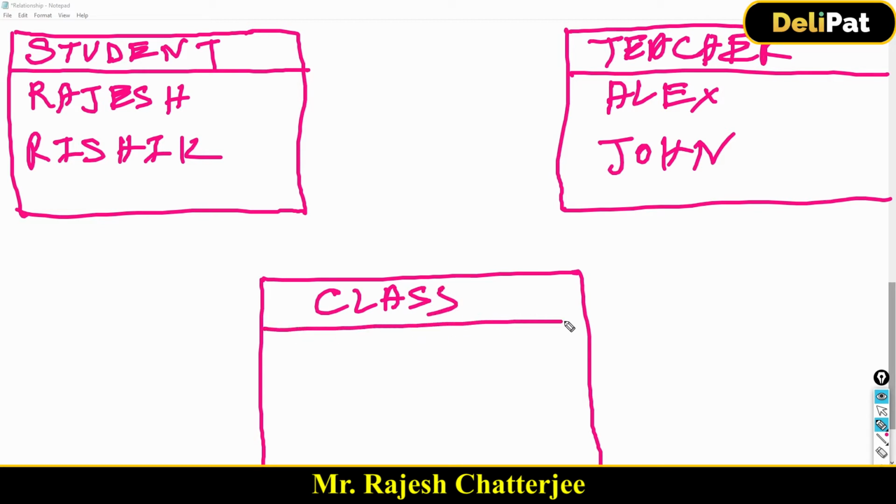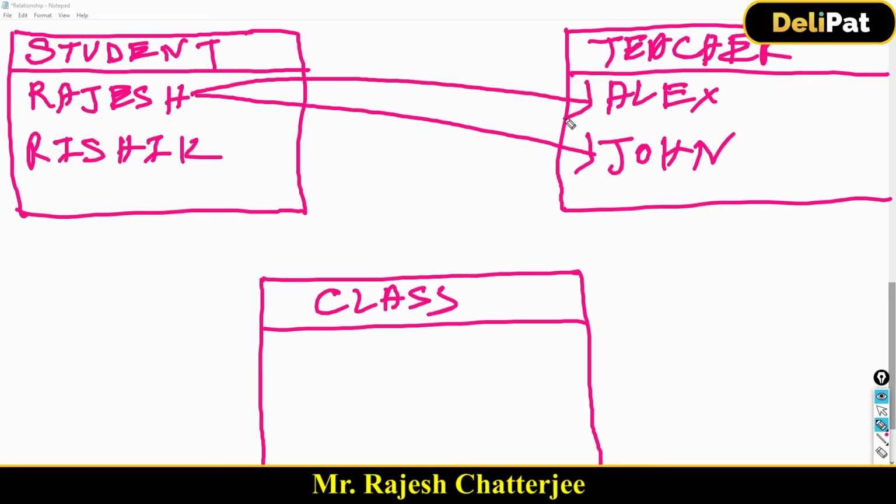Okay, the problem statement is this. See, Rajesh can take lessons from John. Possible. Rajesh can take lessons from Alex. This is also possible. Rajesh, who is the same student, can learn from John and from Alex. Maybe John is teaching Rajesh mathematics, and Alex is teaching Rajesh physics.